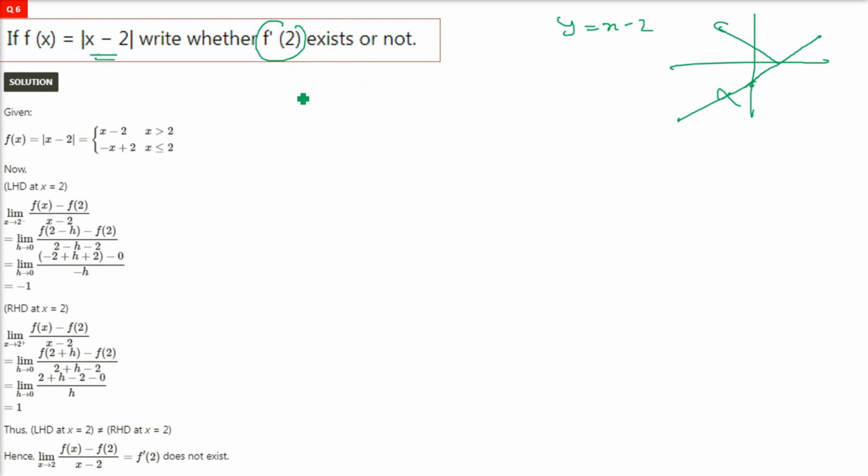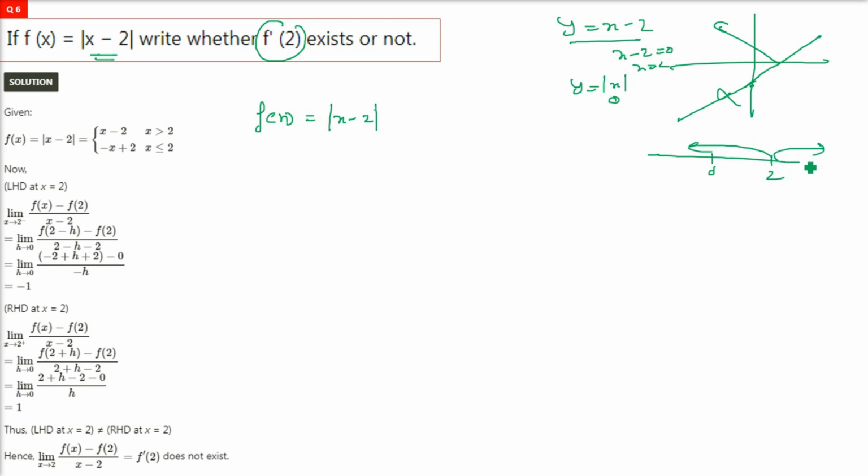So what is modulus? If modulus of x minus 2 is there, it will be positive ahead of some value and negative below that value. When y was modulus x, it was the 0 point which divided the negative and positive values. When you have x minus 2, just put x minus 2 equal to 0, that is x equals 2. 2 is the dividing point.